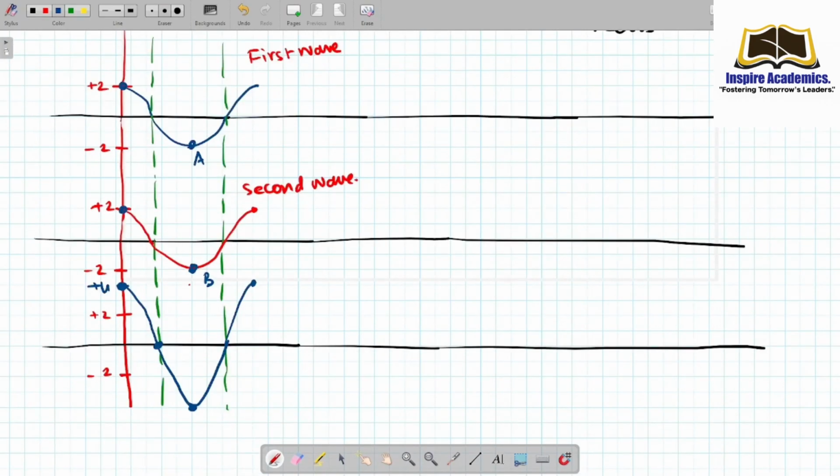If these waves are meeting at opposite phase, so what will be the resultant amplitude? Ayun, can you guess? 0. Opposite phase होएगा तो amplitude 0 हो जाएगा. Okay, and same phase में मिलेंगे तो amplitude maximum हो जाएगा, right? ठीक है कि नहीं?